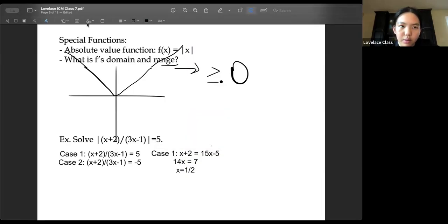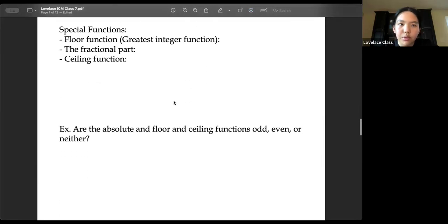So case 2, x plus 2 is equal to negative 15x plus 5. So that means that 16x is equal to 3, so x is equal to 3 over 16. All right. So those are the two solutions.